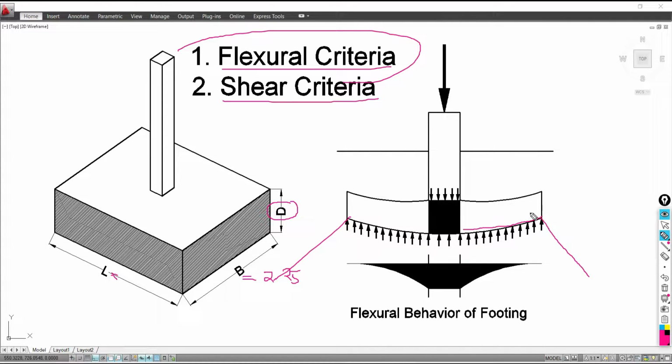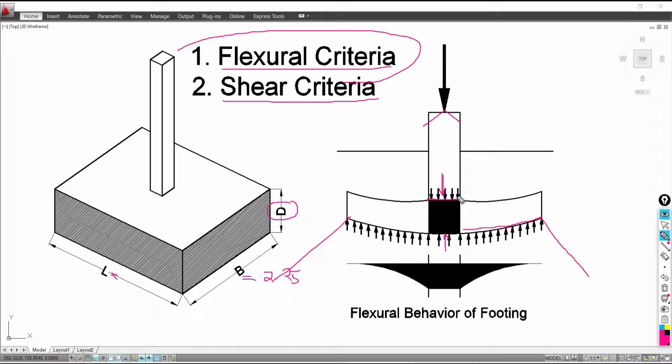That is what is shown here by the upward direction. So what will happen? The load is going to be transferred from this column through this size of the column, and there is a reaction from the downward side from the soil. So there is a downward application of the loading, and there is the upward reaction.